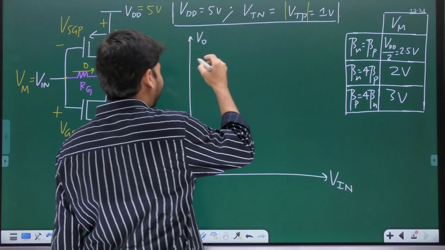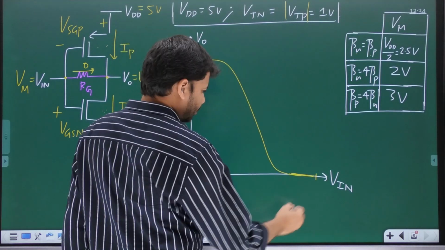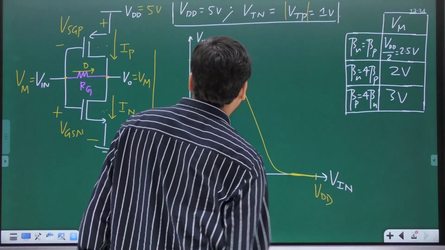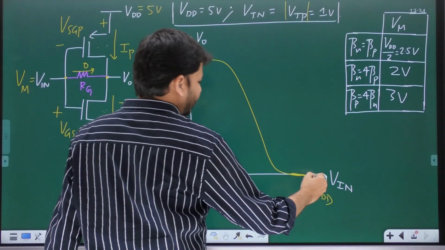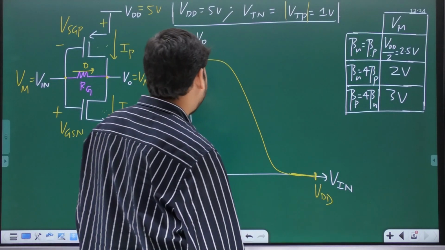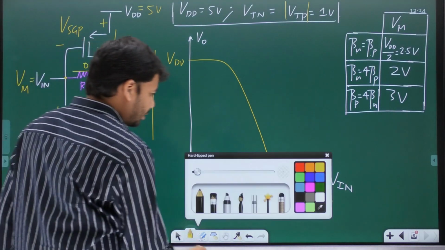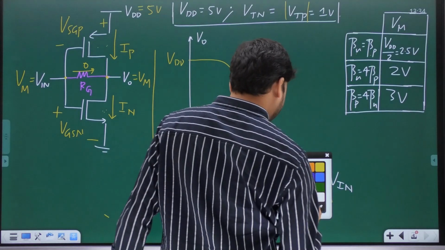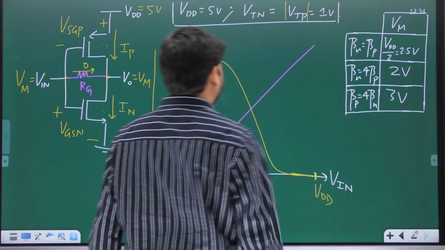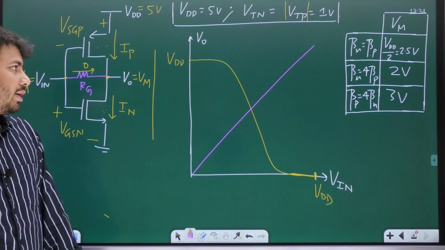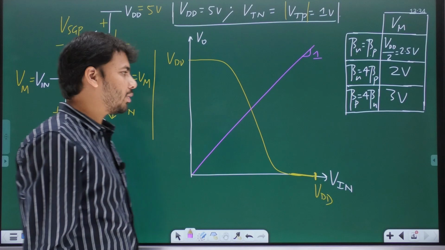Okay. So let this be the VTC in the first case. What is this value? It is VDD. Even the ending value of Vin is VDD. Now because of connecting this RG, don't we get this straight line V0 equal to Vin, or Y equal to X, whose slope is 1?